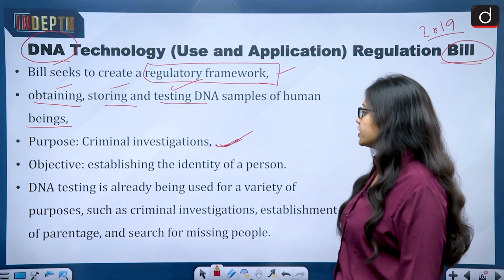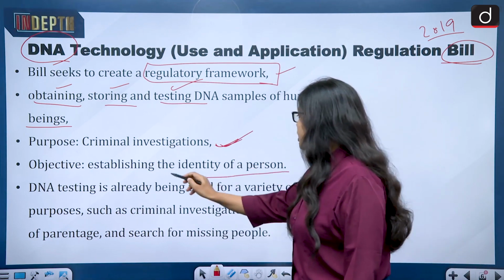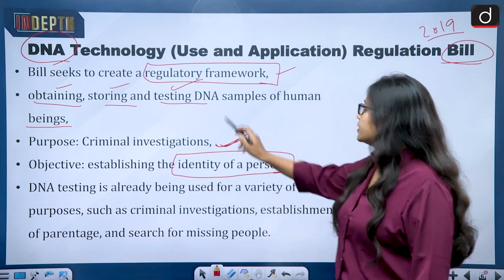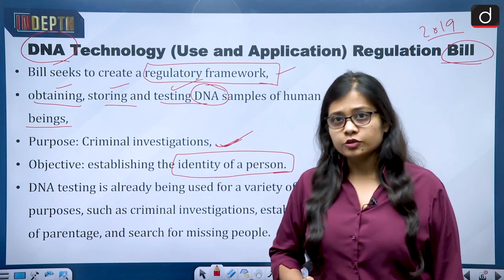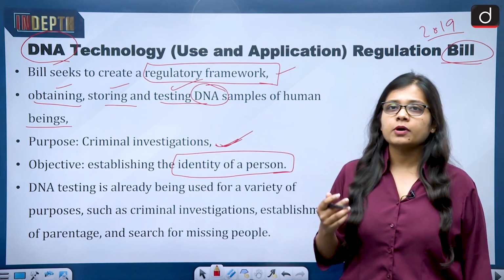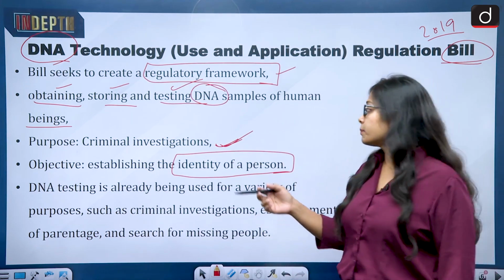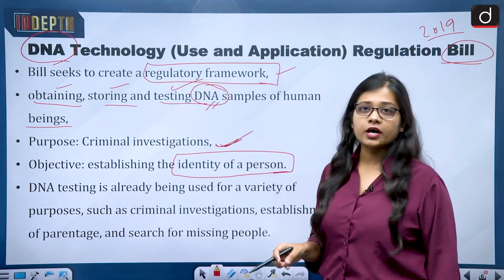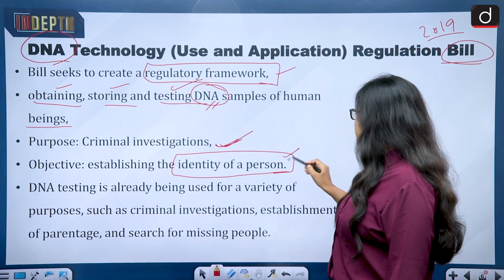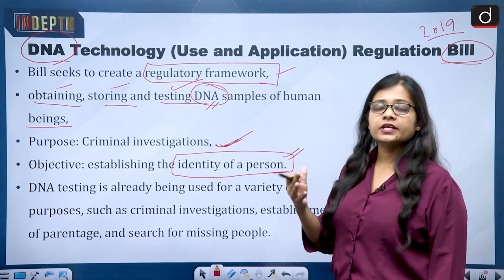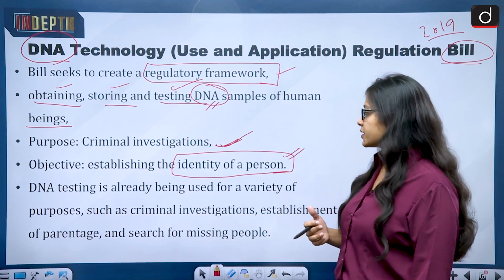The objective is establishing the identity of a person, as DNA contains many revealing characters of a human. Much information about a human being can be obtained from his or her DNA. So establishing the identity of a person becomes easy if the DNA of a person can be extracted.